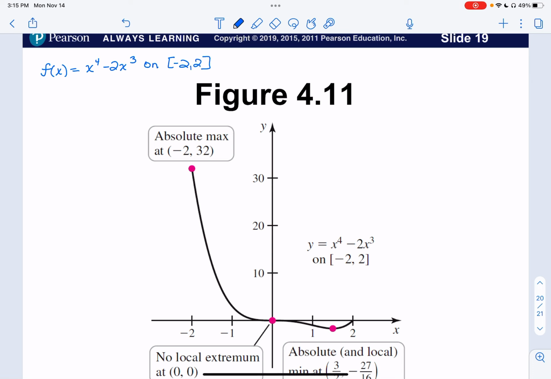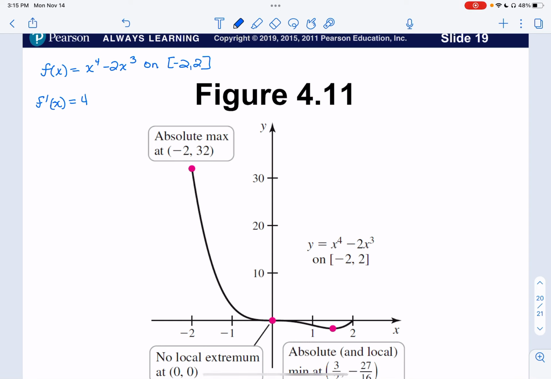So we can see this is continuous, and it also is on a closed interval. So we know by the extreme value theorem that there's going to be an absolute maximum and a minimum on this interval, right? So let's go ahead and take the derivative.